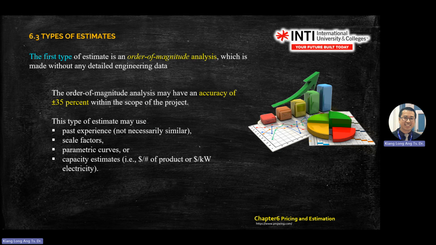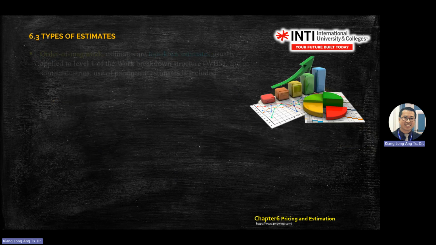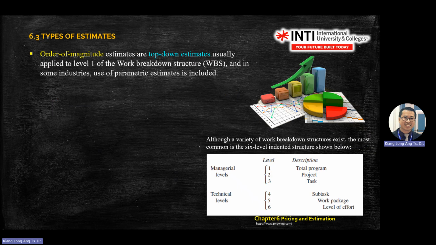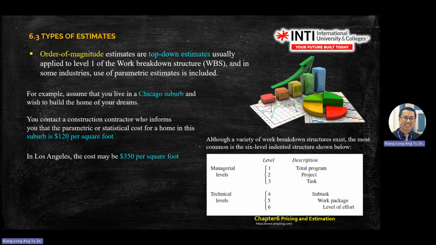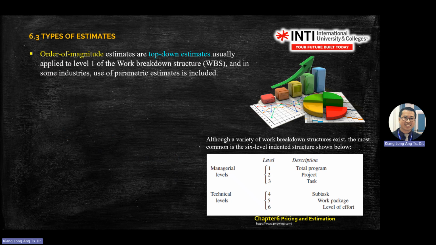First type of estimate is order of magnitude analysis. The accuracy is plus minus 35% within the scope of projects. They might use experience, scale factor, and all this. So what do I mean by order of magnitude? We need to touch a technical word in project management.